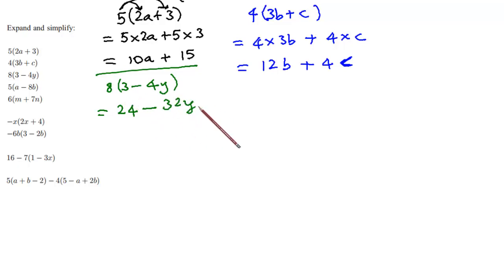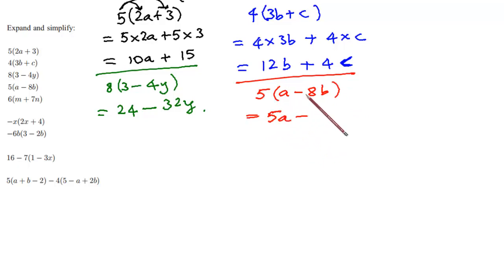And again, they are unlike terms, so we have done that sum. Then the next one, 5 bracket open a minus 8b. So 5 into a is 5a minus 5 8s is 40b. So we have 5a minus 40b. First 5 into a, and then we have 5 8s are 40.